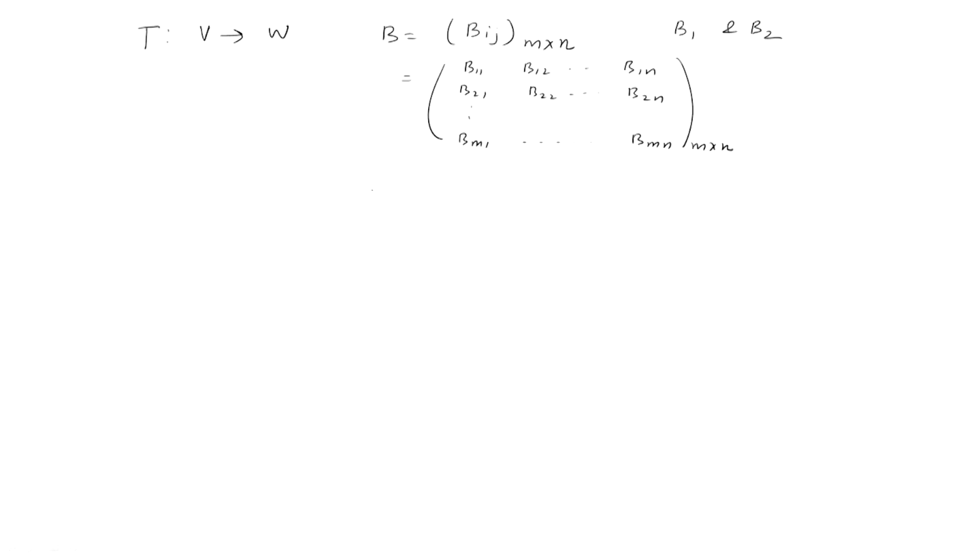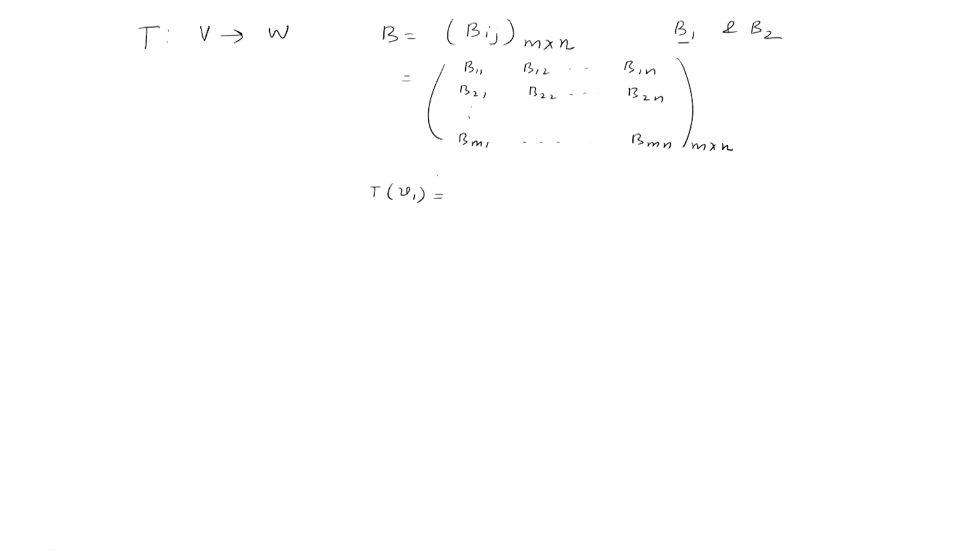Now, if you want to write T of V1, which is the first element of the basis B1, this is some element of W. So, it can be written as a linear combination of elements of the basis of W, which is B2.